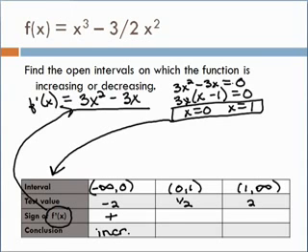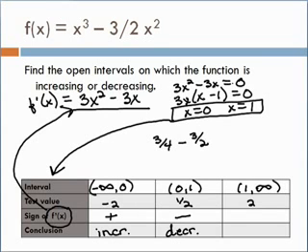Okay, let's plug the 1/2 into the derivative. 1/2 squared is 1/4. 3 times 1/4 is 3/4. And then minus 3 times a half, so minus 3/2. Well, that's a negative 3/4, but we're just interested in the sign, so we'll go with negative.